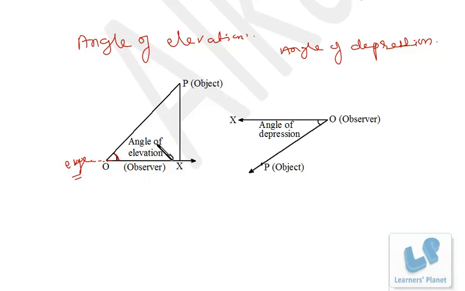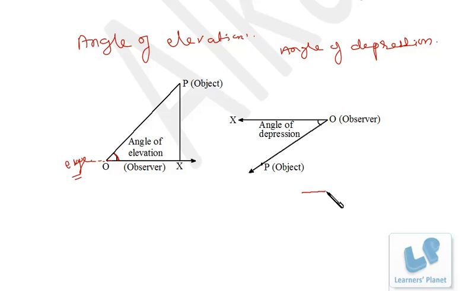So angle of elevation is formed when the observer is looking at an object above the horizontal line, and angle of depression is formed when the observer is looking below the horizontal line or eye line, right? So this is the angle of elevation and this is the angle of depression.